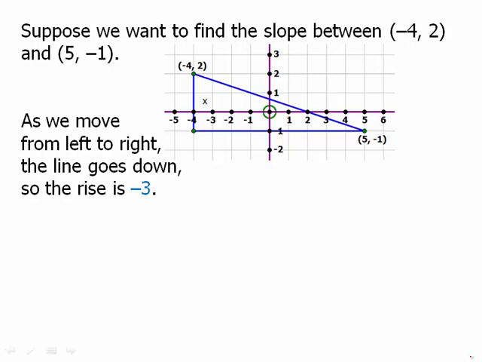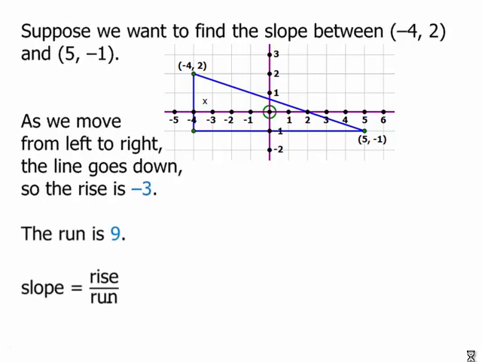So we have a quote-unquote rise of -3, and then the run is that long horizontal leg that has a length of 9. So the slope, rise over run, -3 over 9, and of course we can simplify this fraction to -1/3, and that is the slope, a slope of -1/3.